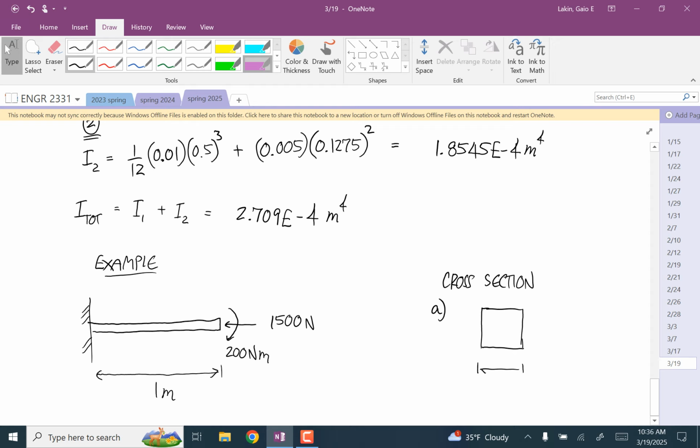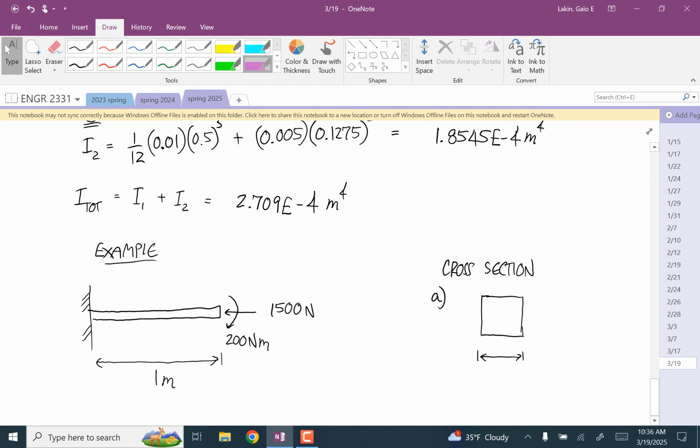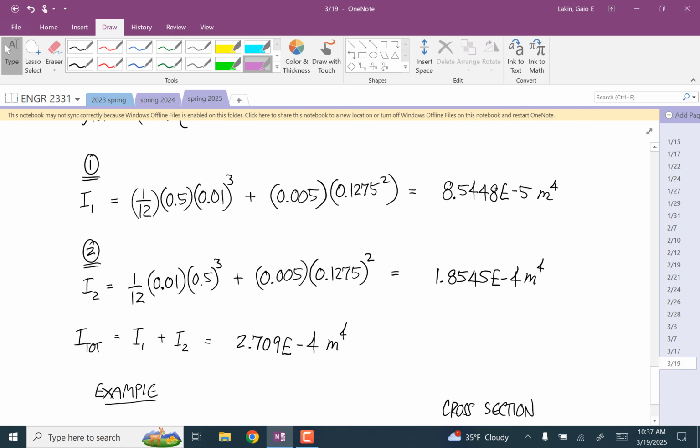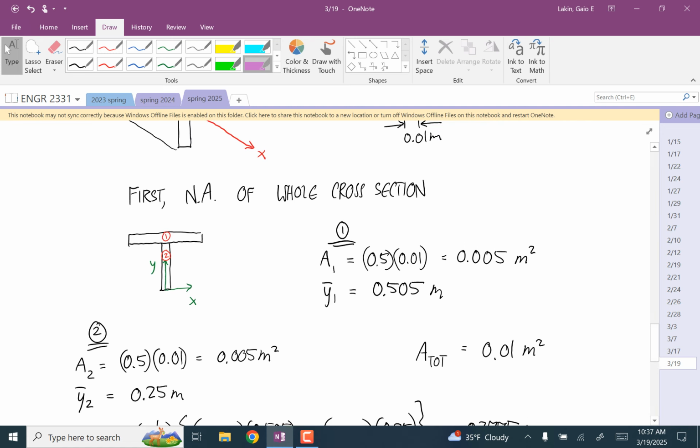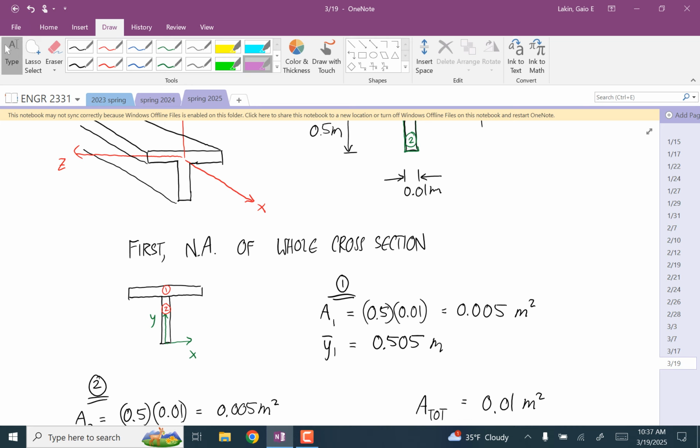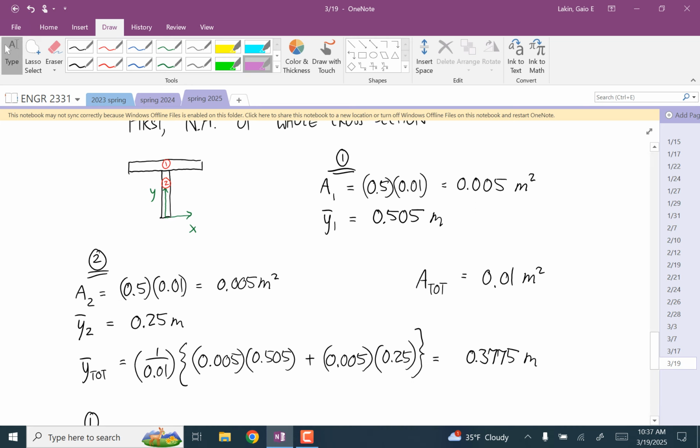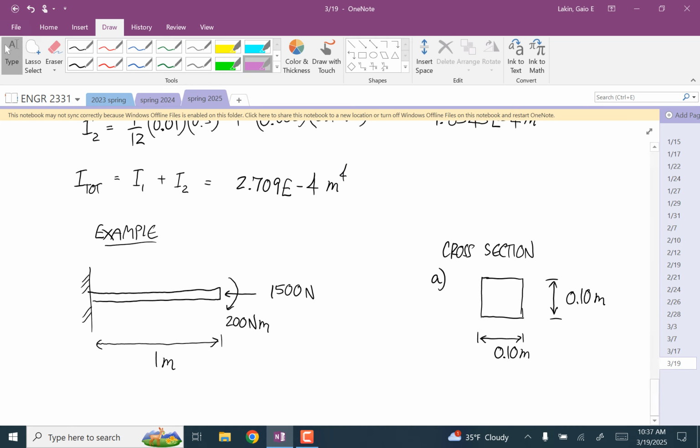Where each of these is 10 centimeters, so 0.01. Okay.